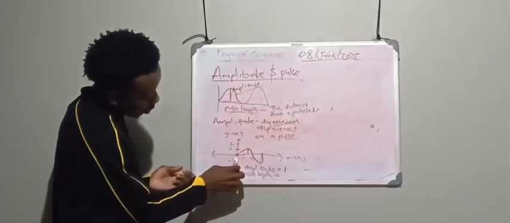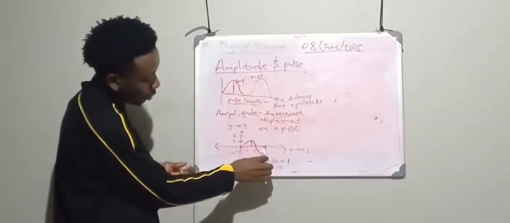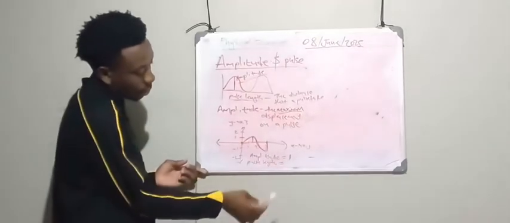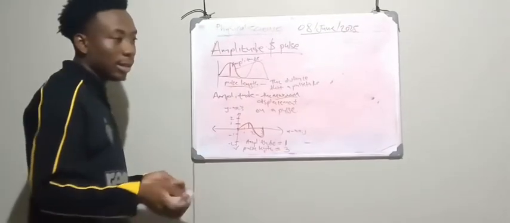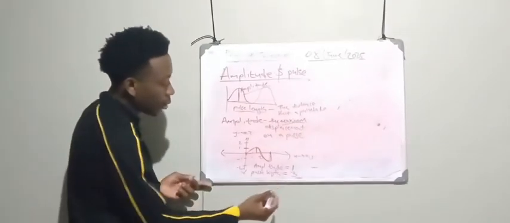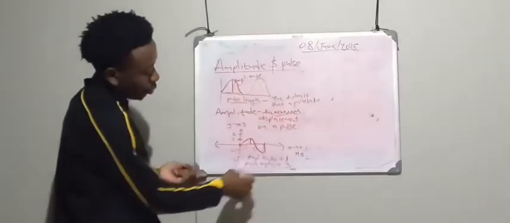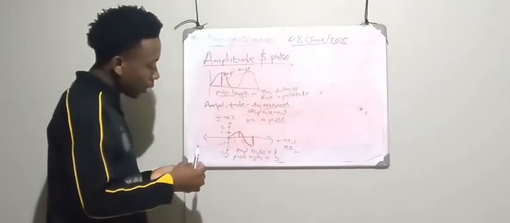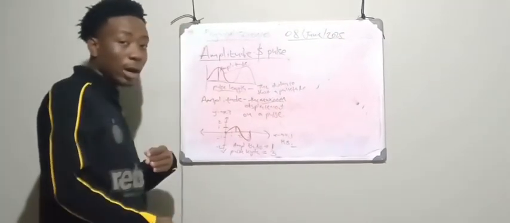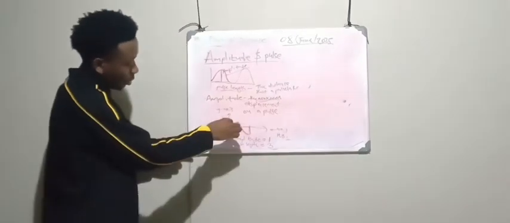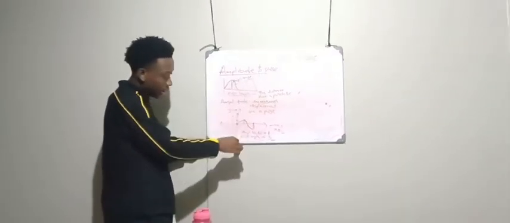It started from zero, which is the initial, and it moved until it reaches three. So our pulse length is three. And another thing that you must note, our amplitude, on a graph, we can only determine from the y-axis. So our amplitude we can determine by the values of our y-axis here.